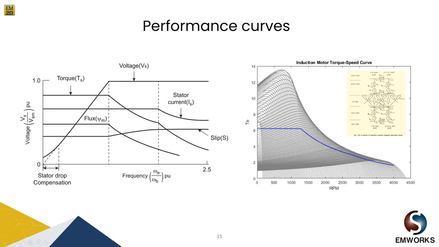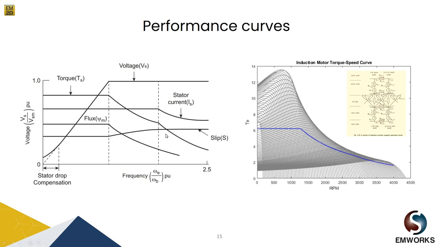For example, if you want to calculate this graph for 100 speed points, and at each speed point you want to do a sweep over 100 points for the slip, then 100 times 100 is the number of total dynamic simulations that we need to generate this graph.